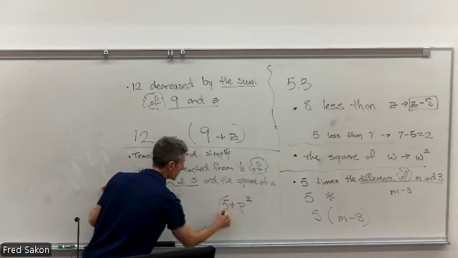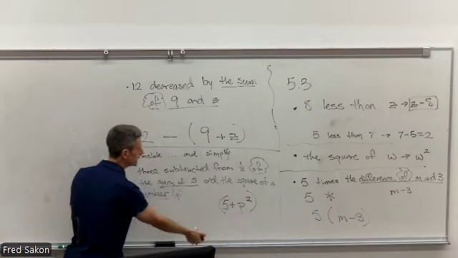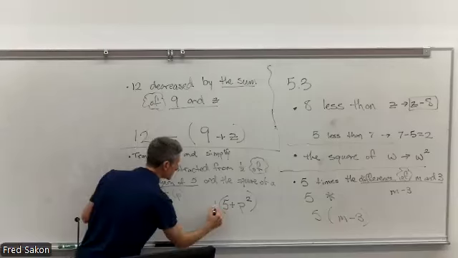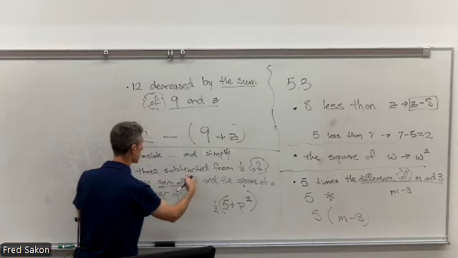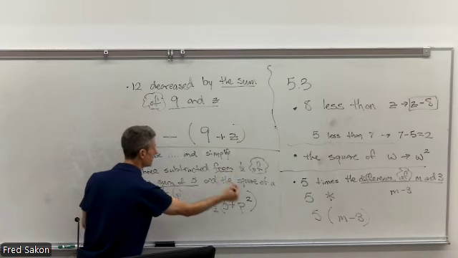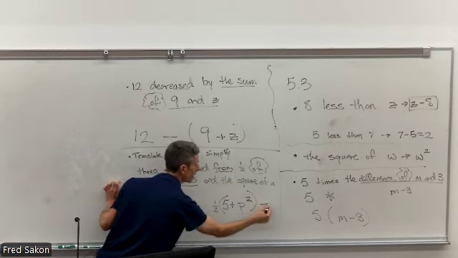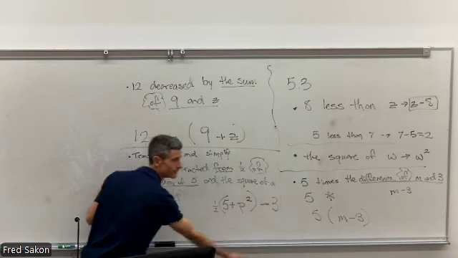Got an "of" here, so this is grouped, 1/2 of it, so it's multiplied by 1/2, and 3 subtracted from means it's over here, minus 3.